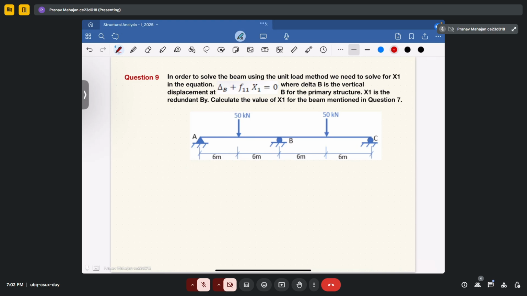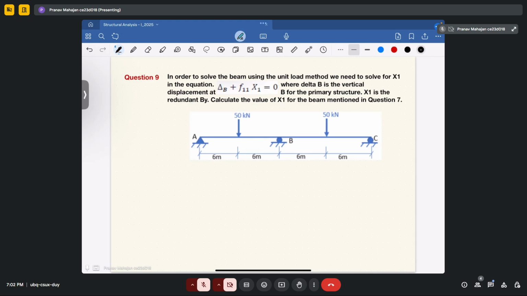And how will we solve? We will use the compatibility equation as mentioned in the question, and we will substitute all the corresponding values that we have calculated in the previous two questions, and when we simplify the equation, we will get the value of the unknown.